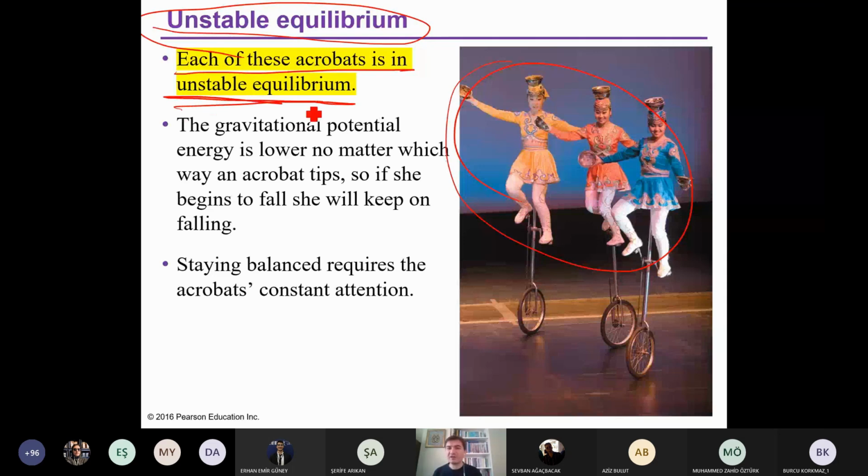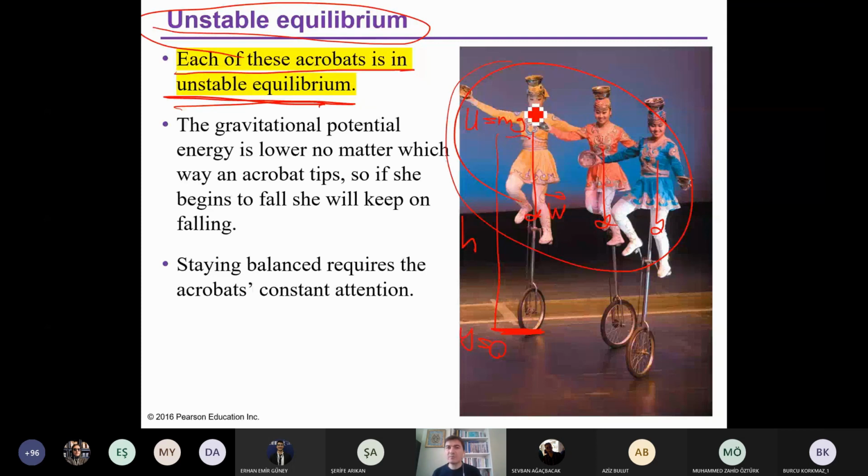What is the potential energy here? The lady has a certain weight, so due to this weight they have potential energy. This is the ground, y is 0, let's say, this is the height of the body, and the potential energy is given with mgh, let's say, or mgy.